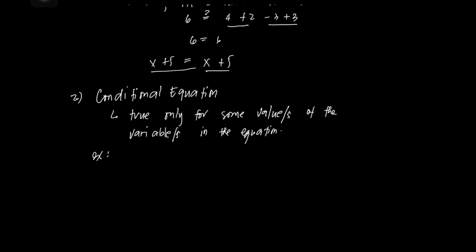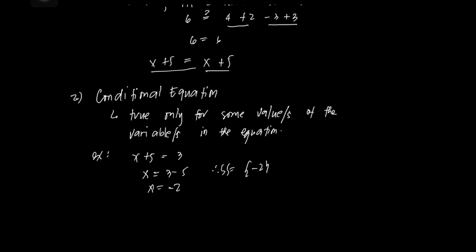Example: x plus 5 equals 3. If we find the value of x, x is equal to 3 minus 5, so x is equal to -2. The solution for this is -2.